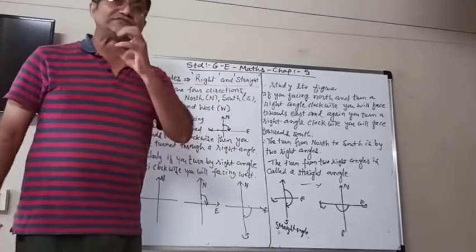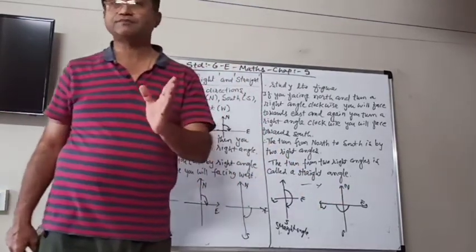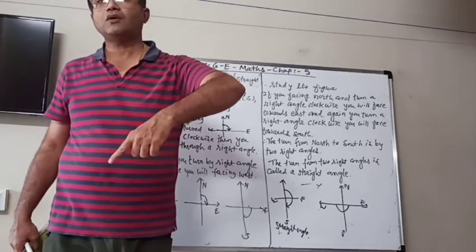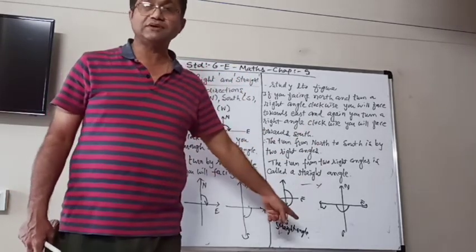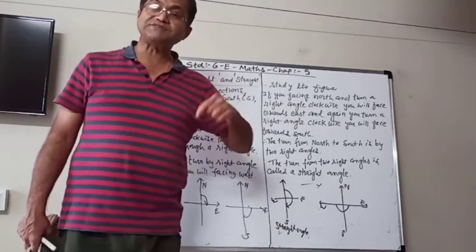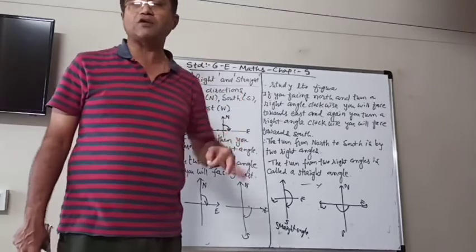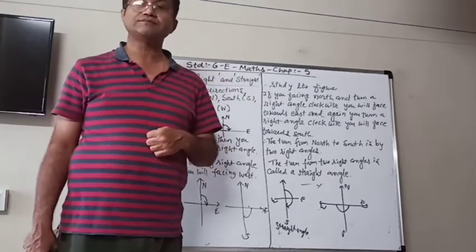Now listen, if I start facing towards north and move a straight angle, which side will I be facing? Towards south. And if from south I move another straight angle, where will I come back?